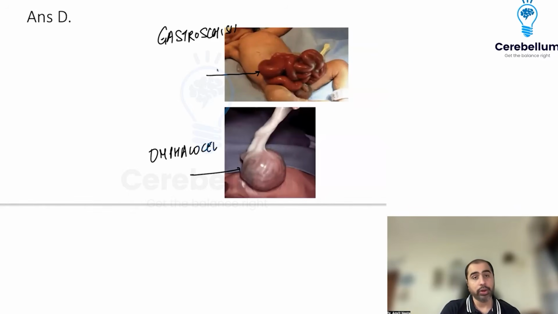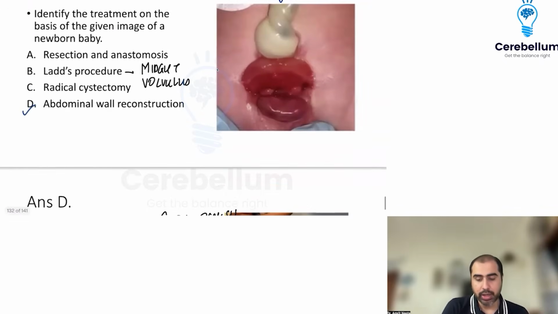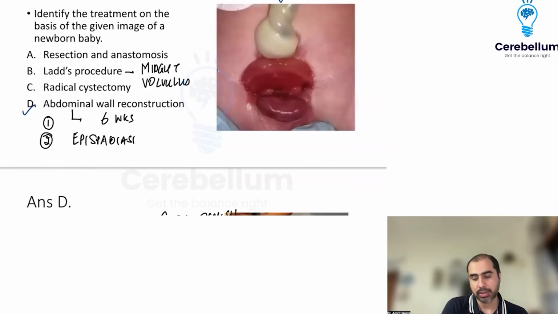Someone is asking, how do you correct the different things here? It requires 3 stages. Abdominal wall reconstruction is done at 6 weeks. Then at 6 months, you are going to do epispadias repair. If it's a male child, he will have epispadias. That will be repaired at 6 months.